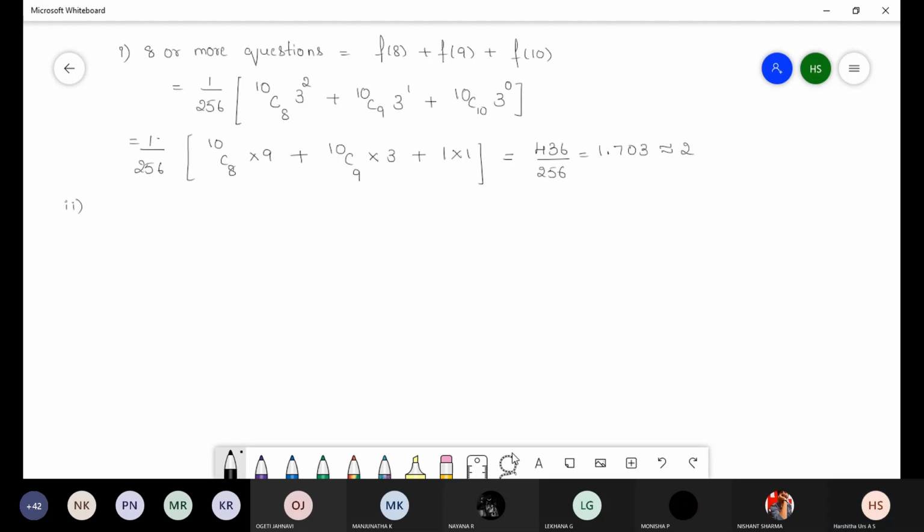Second one, 2 or less. 2 or less means f of 2 plus f of 1 plus f of 0, that is equal to 1 by 256, into 10C2 3 power 8 plus 10C1 3 power 9 plus 10C0 3 power 10.